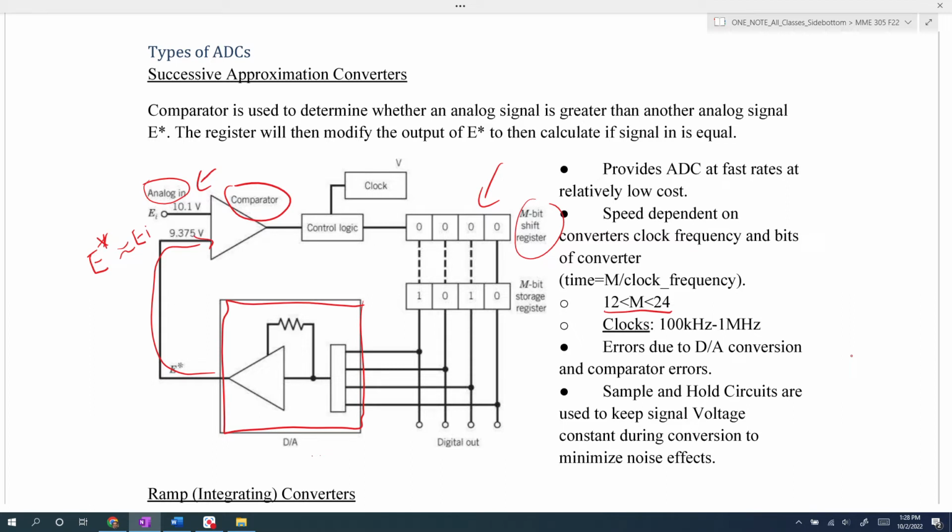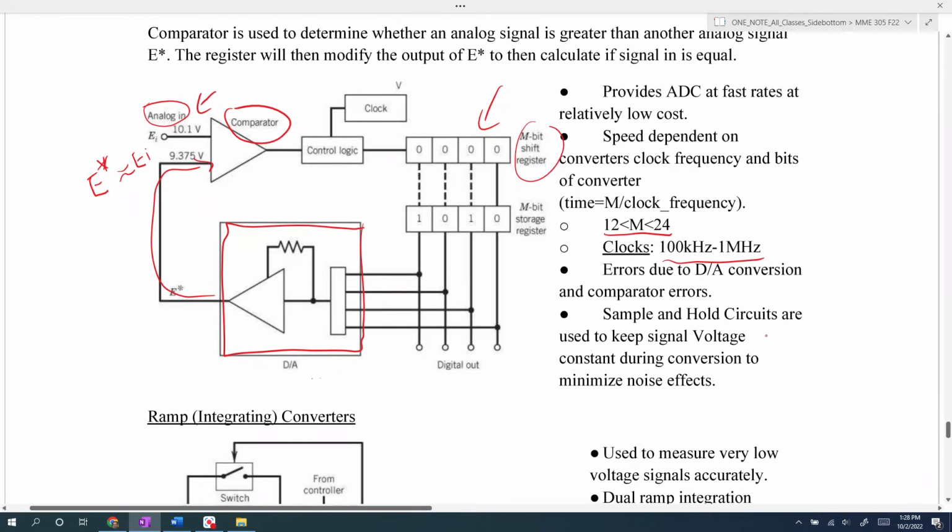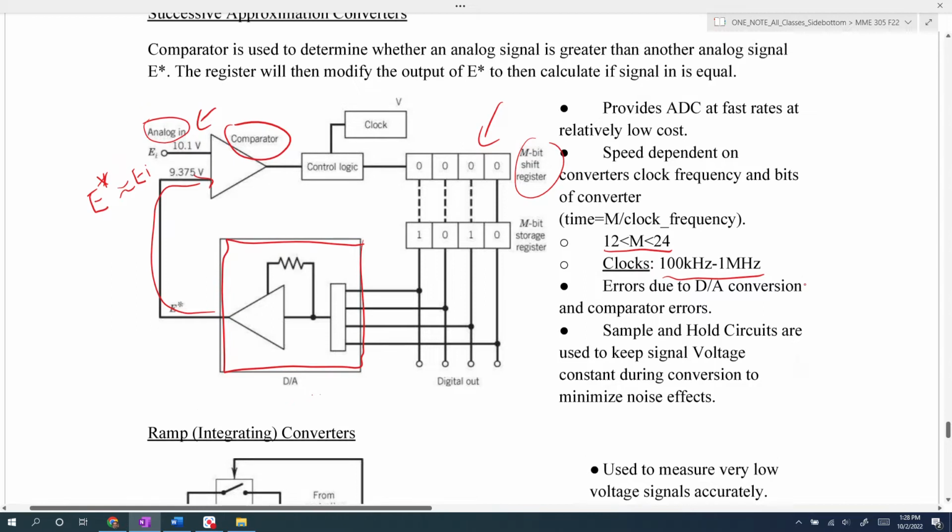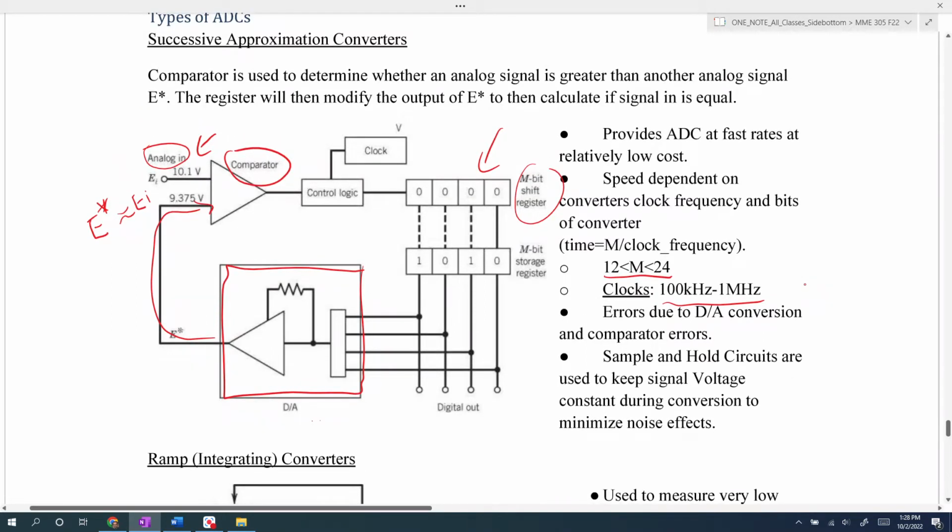They can have clocks that run at 100 kilohertz to megahertz. There are some errors due to the digital to analog conversion and the comparator, but overall they're pretty strong in terms of their speed.